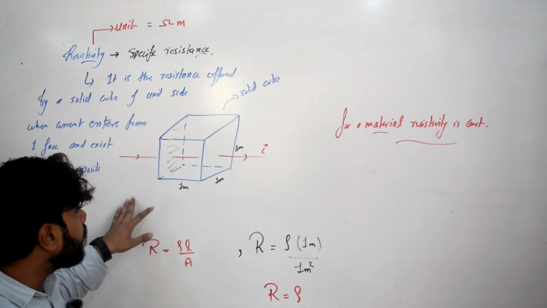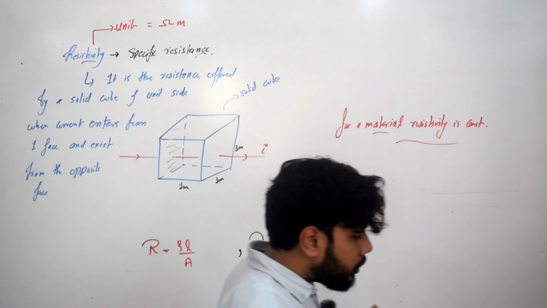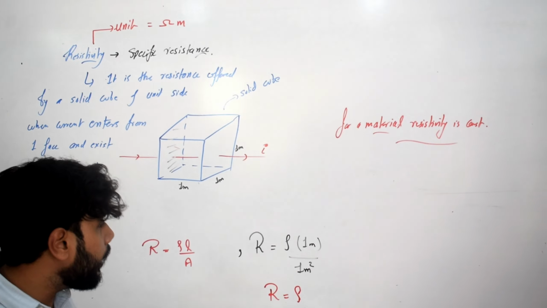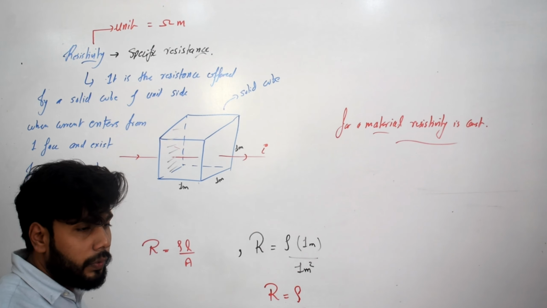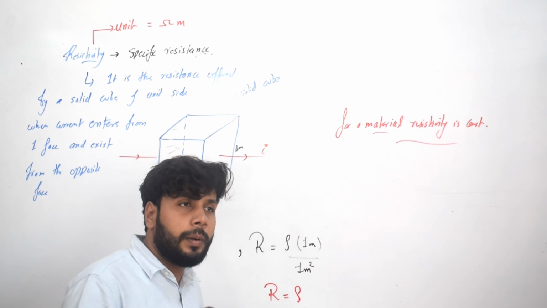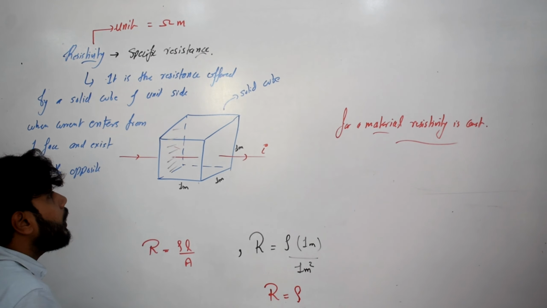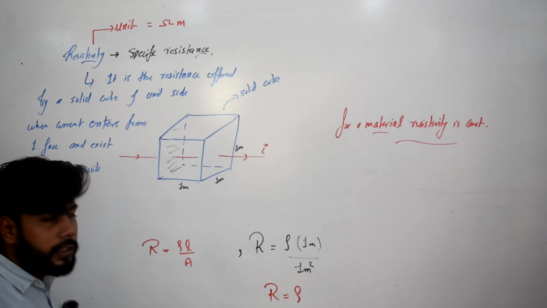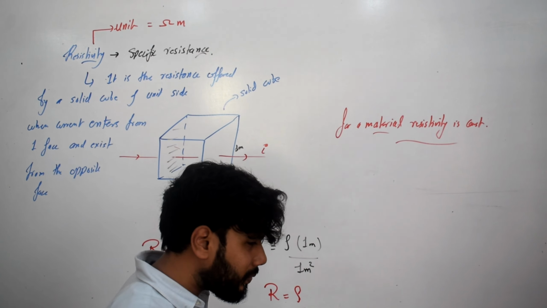You can think of it like molarity. Molarity is defined for some unit volume, and even if you take a small section of the solution or the complete solution itself, the molarity is going to be the same. Similarly, if you take a small chunk of material or the complete material itself, the resistivity is going to be the same because it is defined for a unit value.